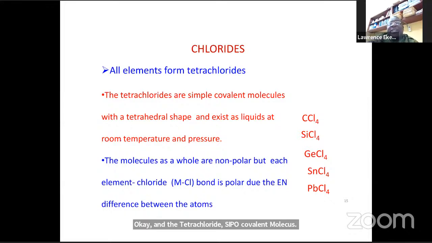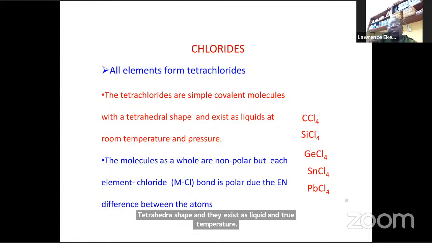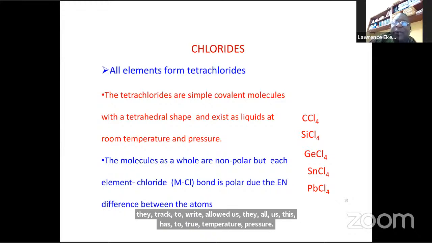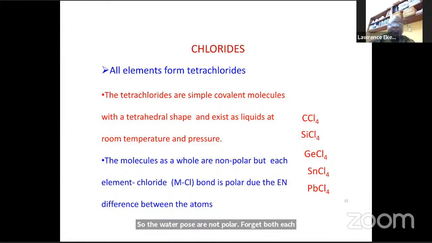They have a tetrahedral shape and exist as liquids at room temperature. So carbon tetrachloride, silicon tetrachloride, germanium tetrachloride, and others all exist as liquids at room temperature and pressure. The molecules are not polar, but each element-chlorine bond is polar due to the difference in electronegativity between the atoms.